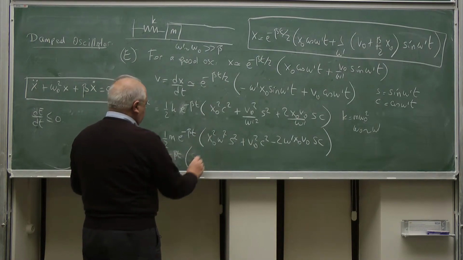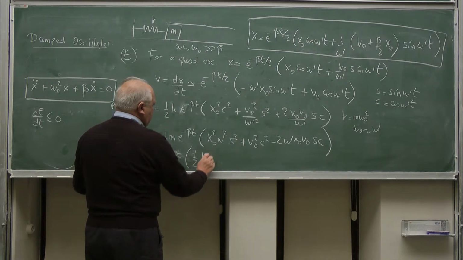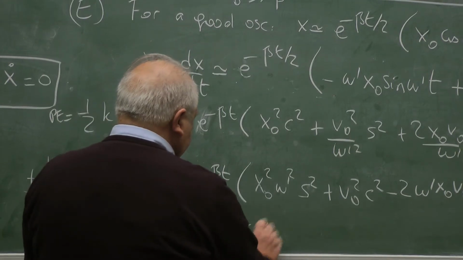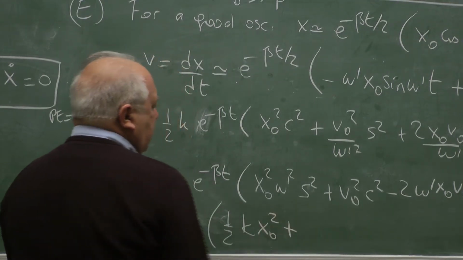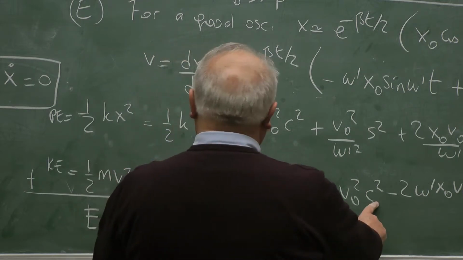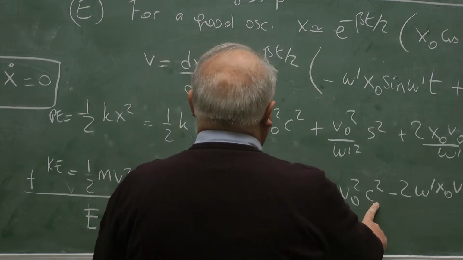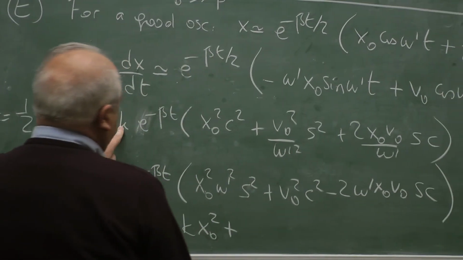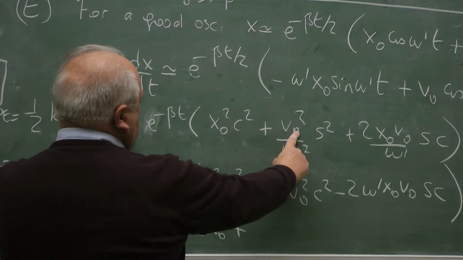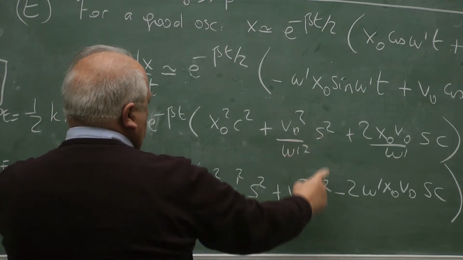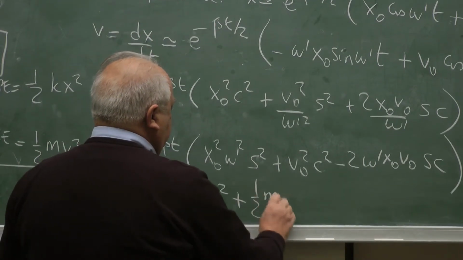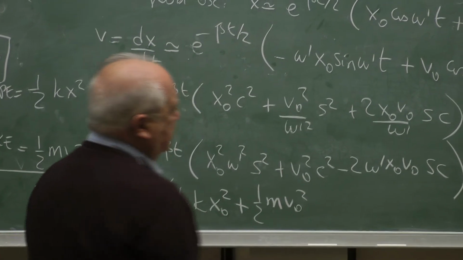Then this thing is 1/2 k x0 squared plus, let's look at that. I have m c squared. This is m omega 0 squared, omega 0 squared cancels that. So this is m v0 squared sine squared. Sine squared plus c squared is 1. So it is 1/2 m v0 squared.